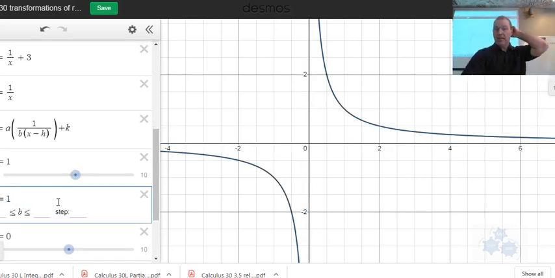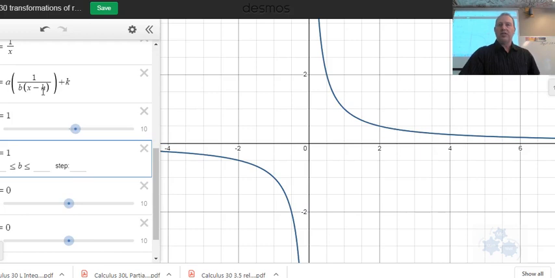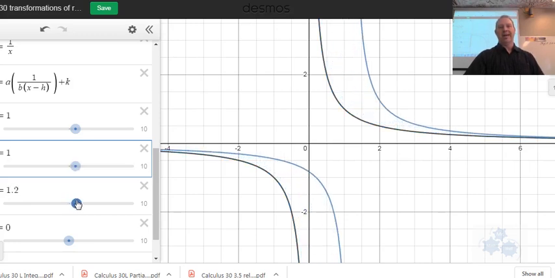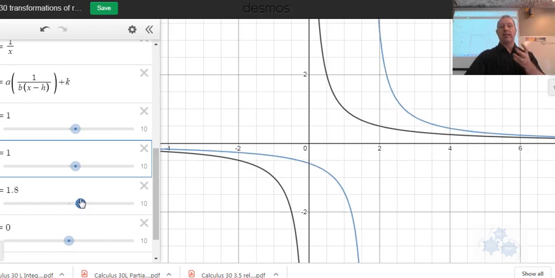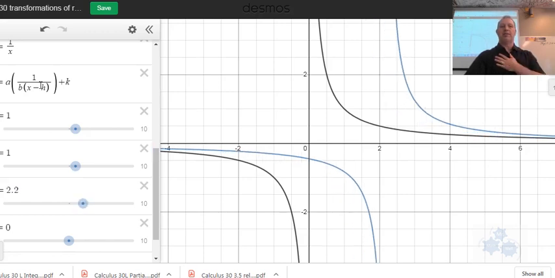Now what about h? What does h normally do when we're talking about transformations of functions? Yes, it shifts left and right. Now it's x minus h, right? So as h gets larger, that's x minus 2, x minus 4, x minus 10. Which way is it going to move? To the right. As h gets larger, it moves to the right, but it shows up as a minus in here.